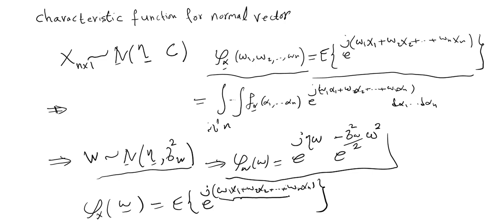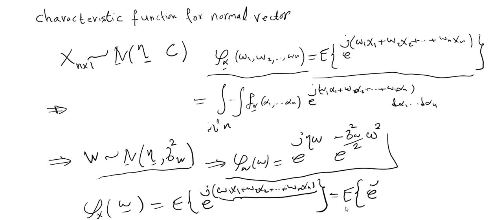This is the definition of normal vectors, normal variables which are jointly normal. So this combination is a normal variable, and I consider this as W.